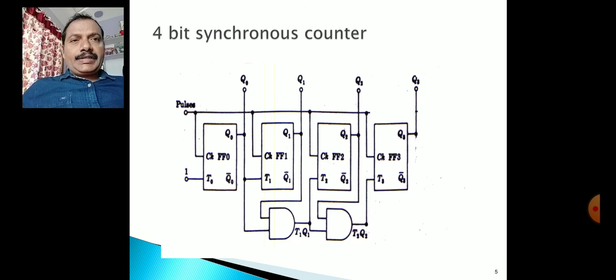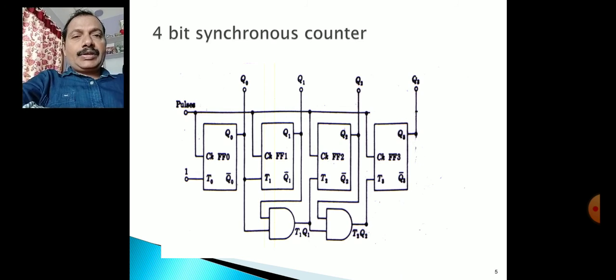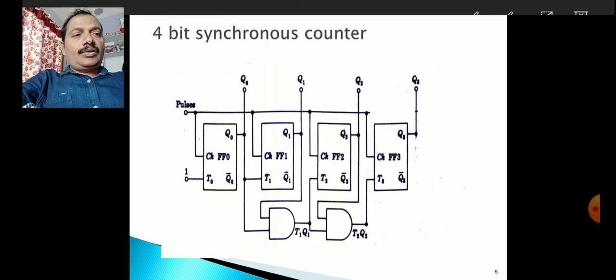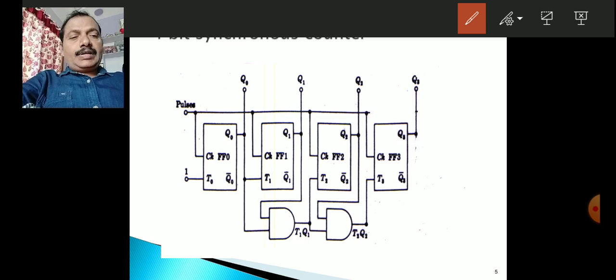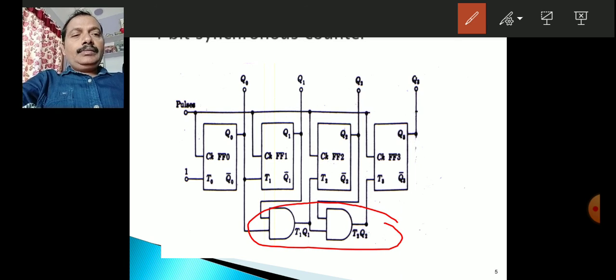Based upon this, the equations for the inputs of the flip-flops are derived, and from them we connect the gate circuitry, because additional logic gate circuits are essential to design the synchronous counter. So these are the logic gate circuits to design the synchronous counter.